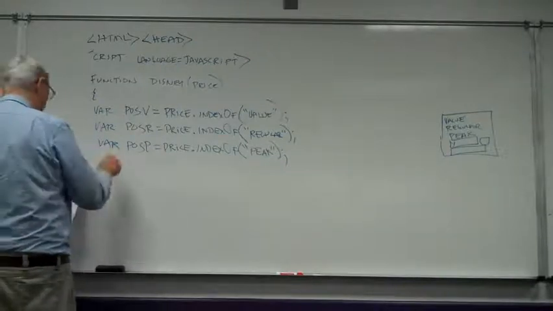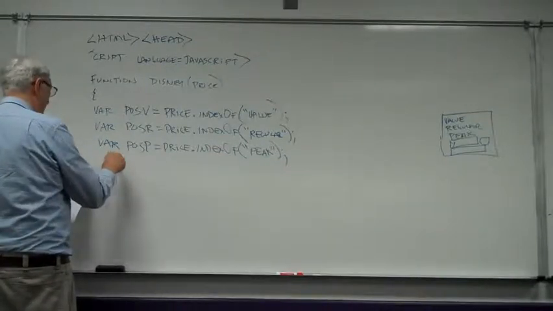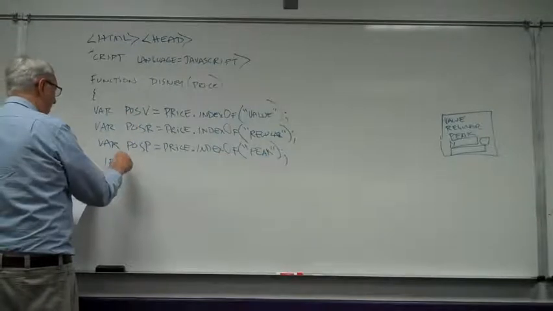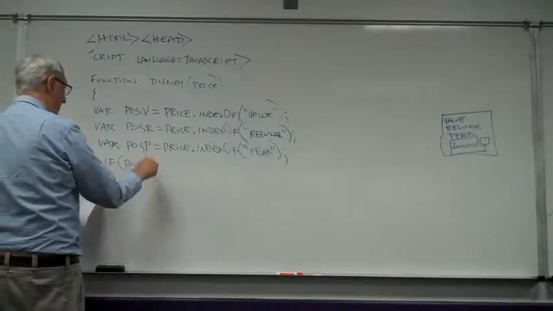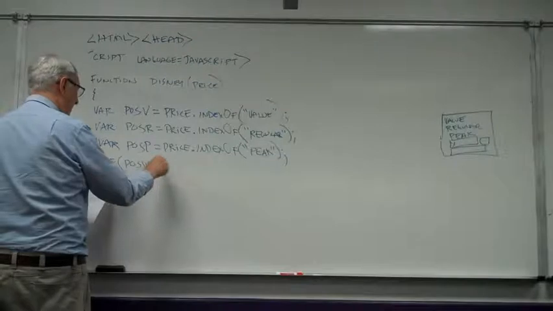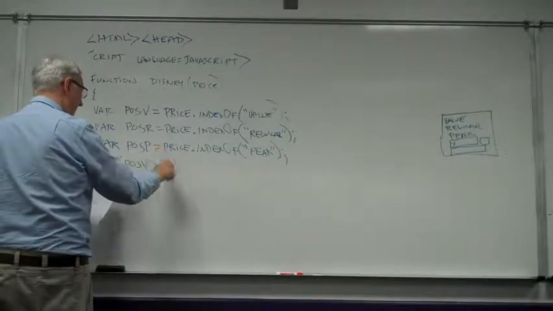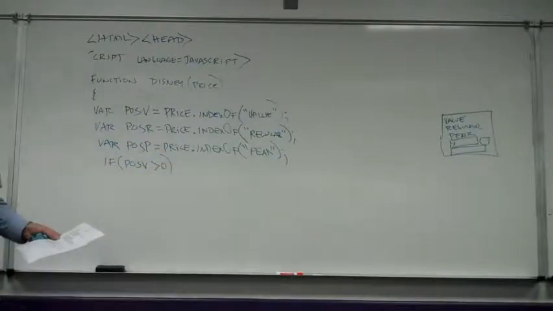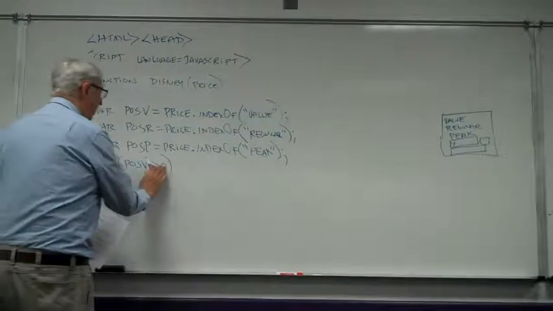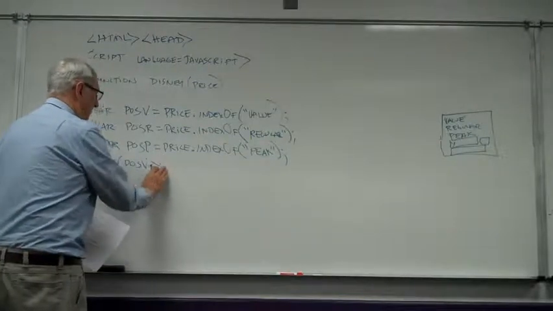You say, if pos v is greater than 0, because if it isn't, it would be negative, right? If it's greater than 0, that means you found a real number. I'm sorry, I'm going to make it greater than or equal, because it could be 0 also. It could be in the very first position.